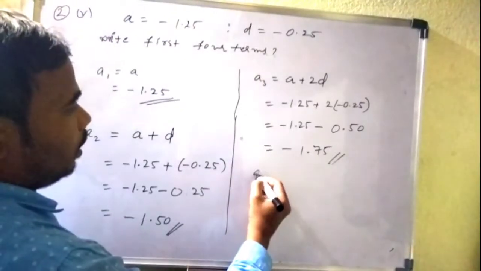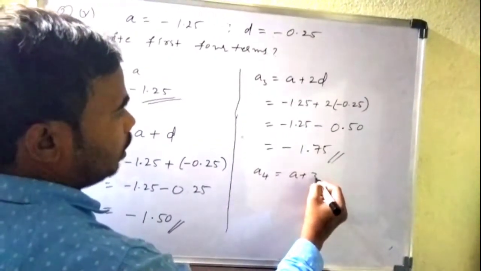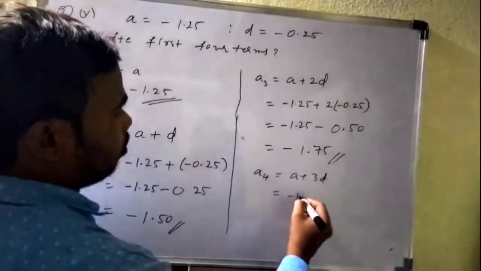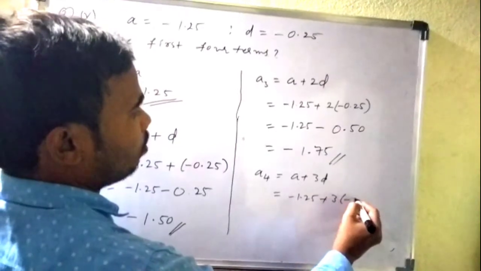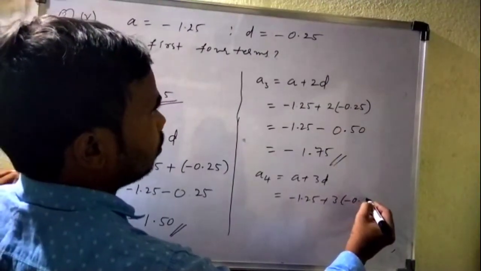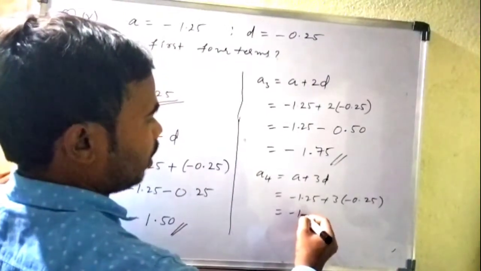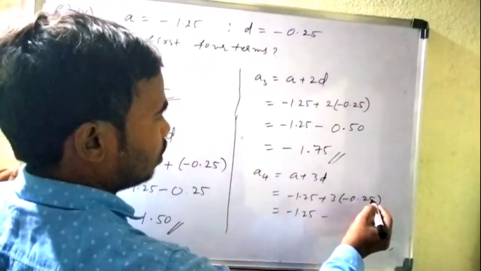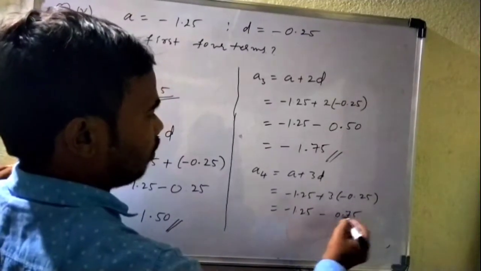Now one more formula, one more term. A4. A4 is equal to what? A plus 3D. Substitute. A is the same, minus 1.25 plus 3 into D, which is minus 0.25. So minus 1.25 plus 3 into minus 0.25, 25 into 3 is equal to 0.75.